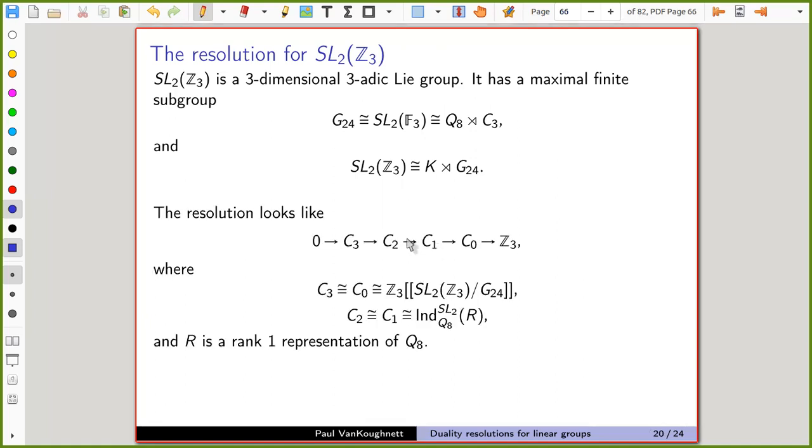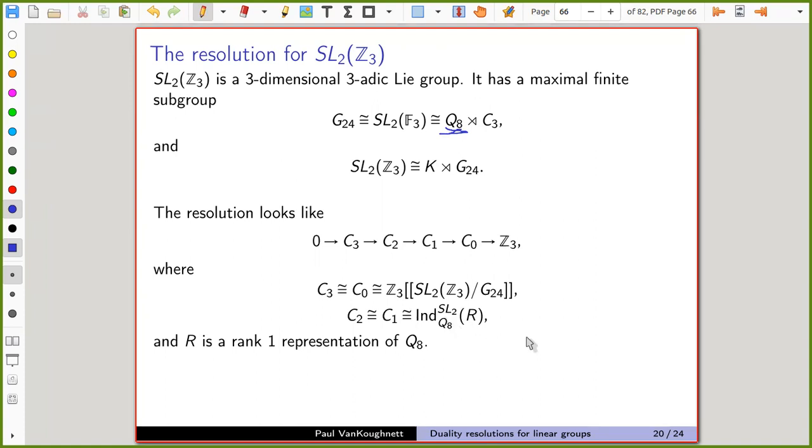So the resolution looks very similar to the GHMR resolution for G21. The outer terms are induced from the trivial representation of G24, and the middle terms are induced from a representation of this quaternion group.